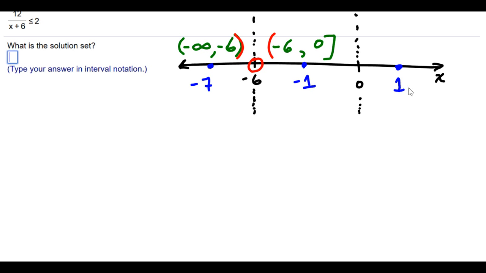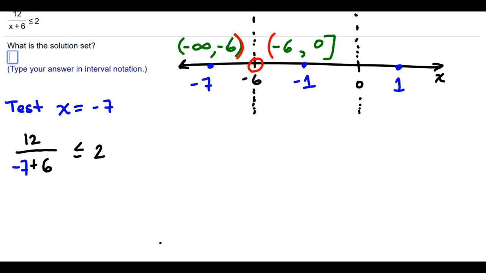Alright, so I'll start with, let's test what happens when x equals -7. So using my original inequality, I'm just leaving space for the x value. I'm looking to see if when I plug in -7, my inequality is true.